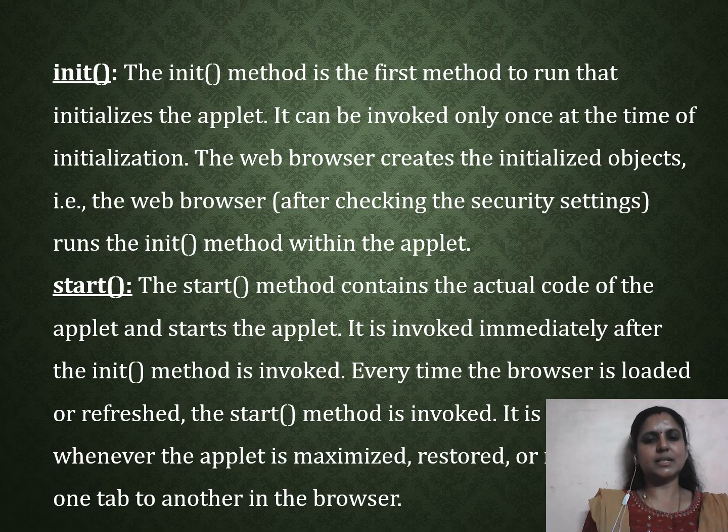So the first method is the init() method, that is initialization. It is the first method to run that initializes the applet. It is invoked only once, at the time of initialization. The web browser, after checking the security settings, runs the init() method within the applet.